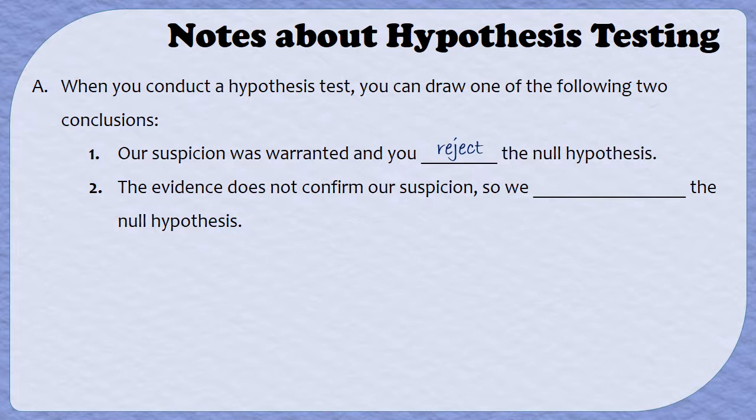If not, if the evidence you find does not support your suspicion, then you fail to reject the null hypothesis. Now, this language is in terms of reject and fail to reject for a certain reason. So let's look at an example to see why we might be using this kind of language.